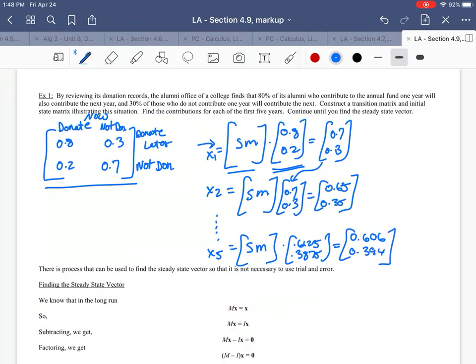Okay, all right. So it turns out that if you do this a few more times, like 5 or 6 more times, you get to your 11th year and it basically stays the same. Like it's not really changing. You get 0.6 and 0.4.